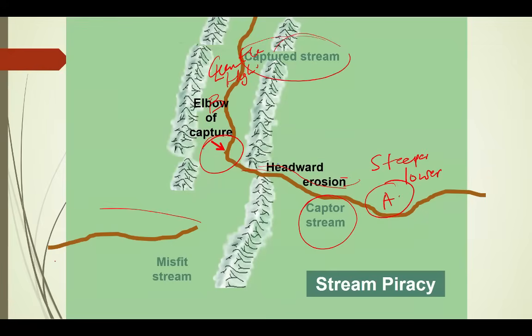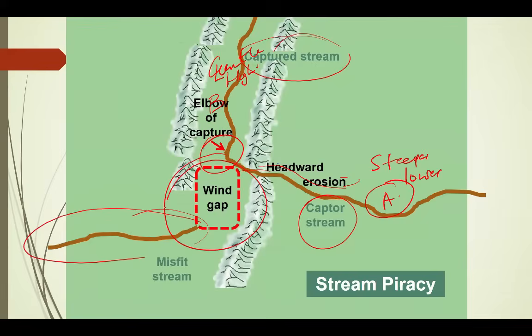And this stream that no longer receives water because the water has been diverted is called a misfit stream. And then this area where the river used to flow, but there is no longer water flowing there, this area is dry. It has got gravel. This area is now called the wind gap. So these are the features of the stream piracy.